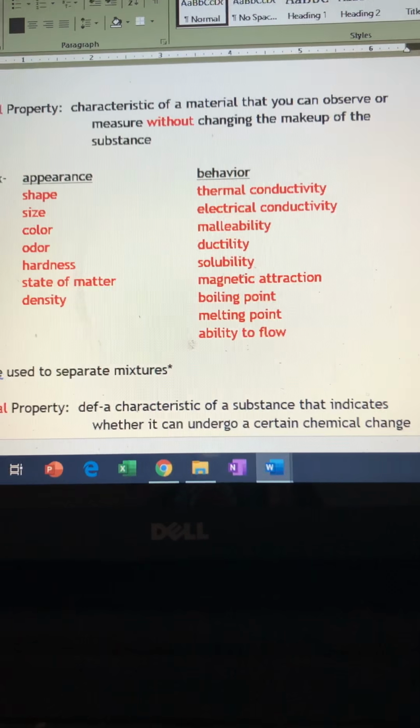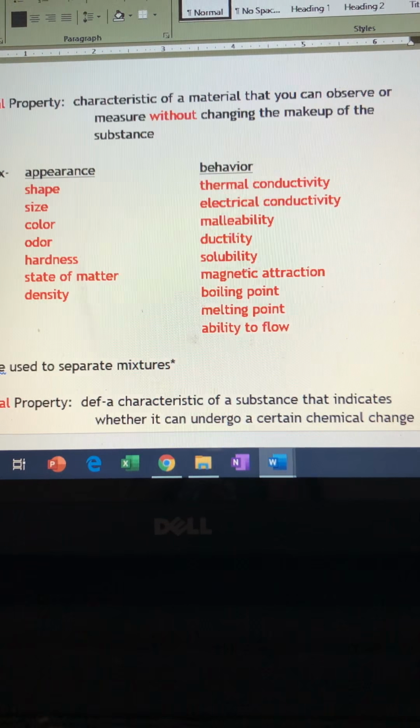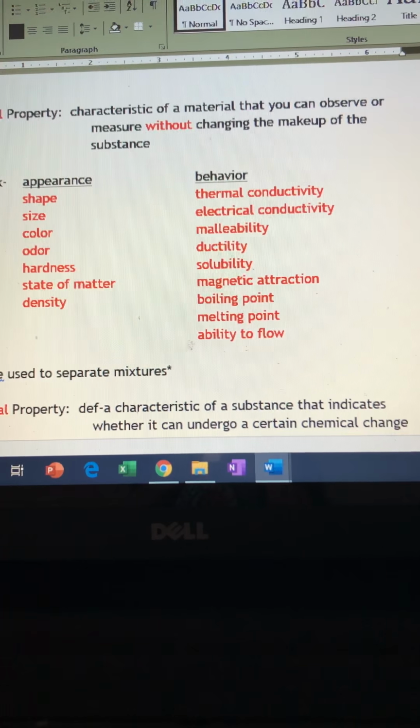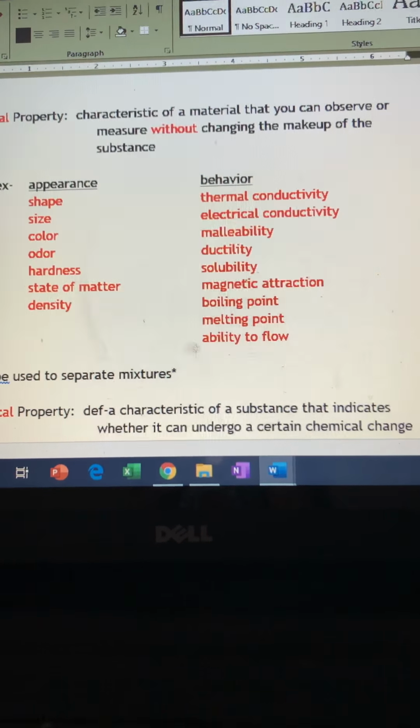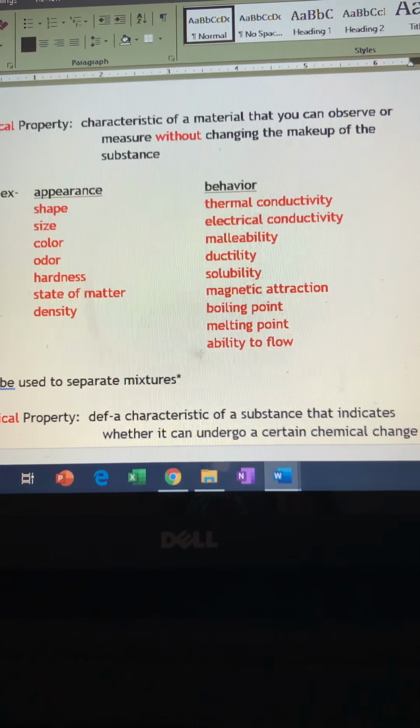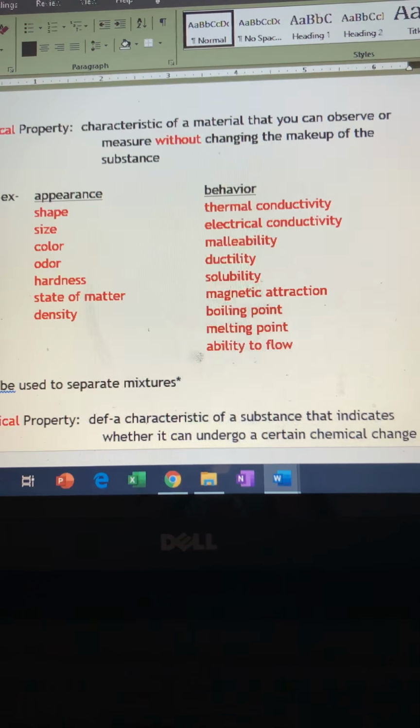Okay, so let's say that you're going to go on a hayride and it's in October and you're going to serve cocoa. You're probably going to serve it in a styrofoam cup. Styrofoam is not a good conductor of heat.